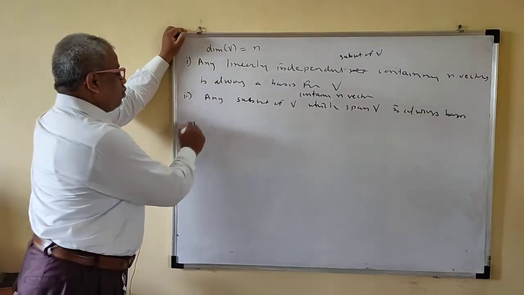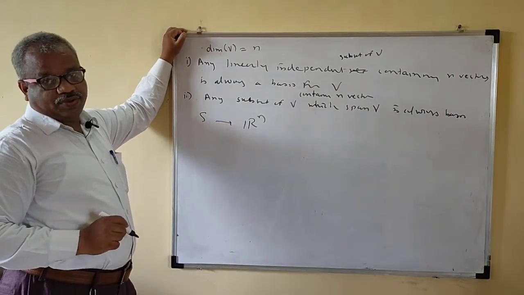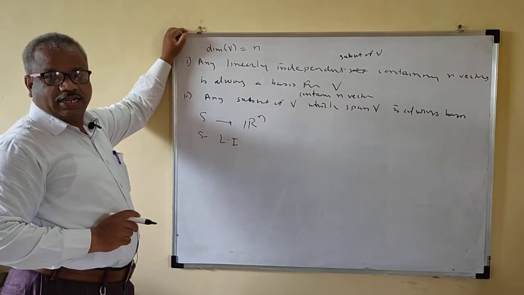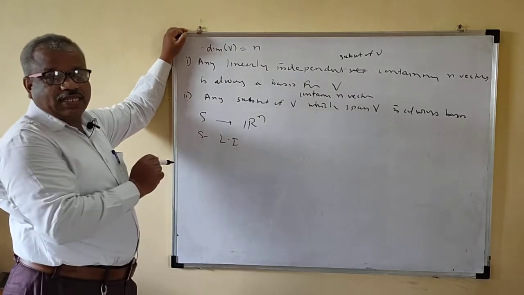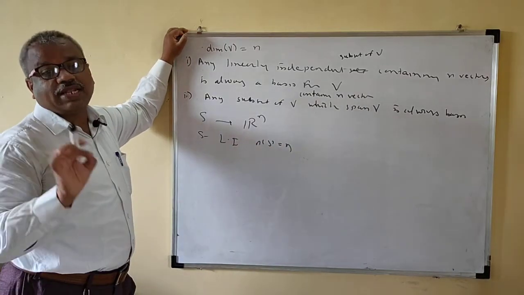So suppose S is a subset of R^n. If you prove S is linearly independent, just count the number of elements in S. If the number of elements in S is n, then there is no need to prove that S spans V.